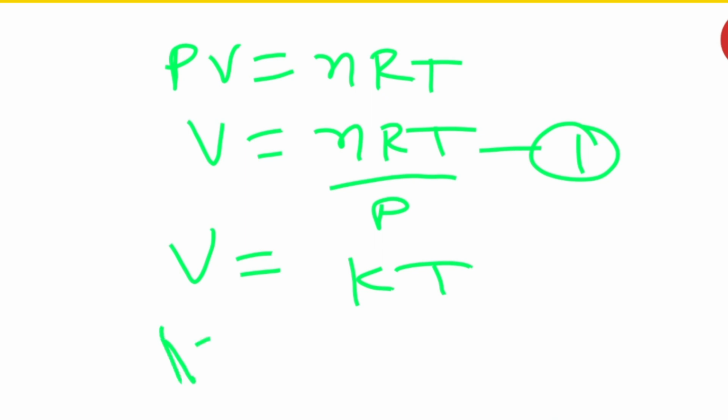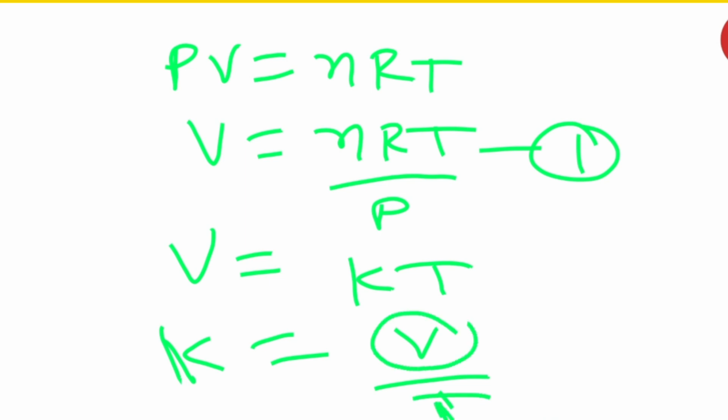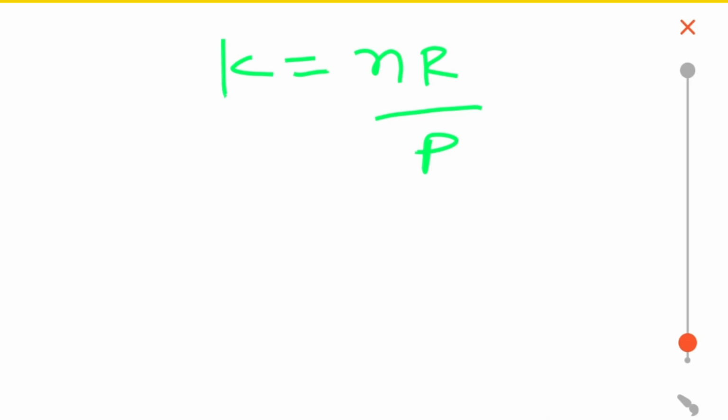Then K will be equal to V upon T. Now put the value of V over here. After putting the value, what will we get? K is equal to nR upon P.